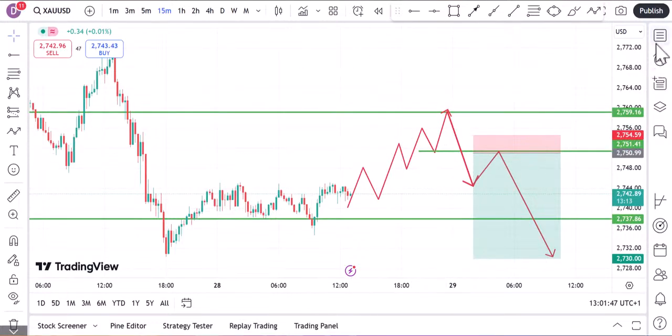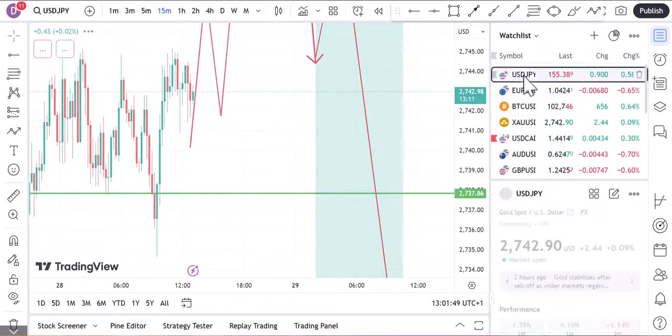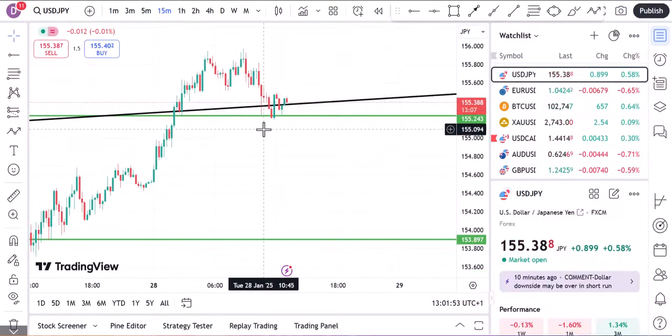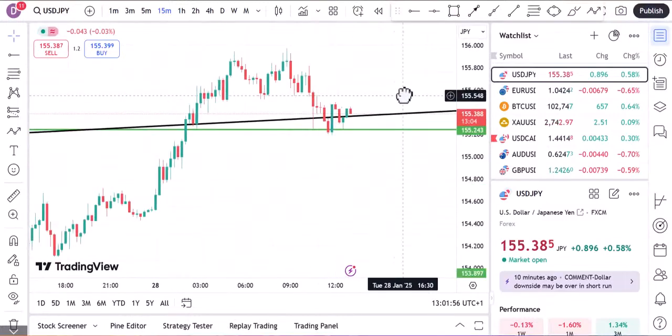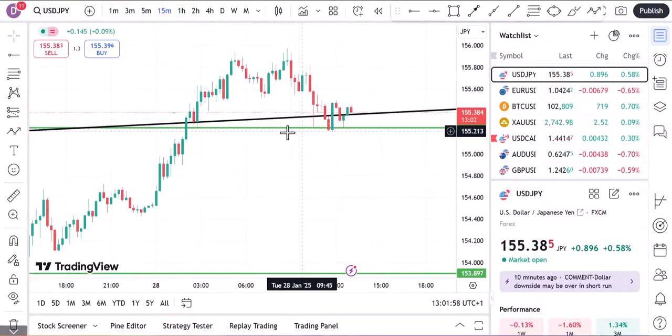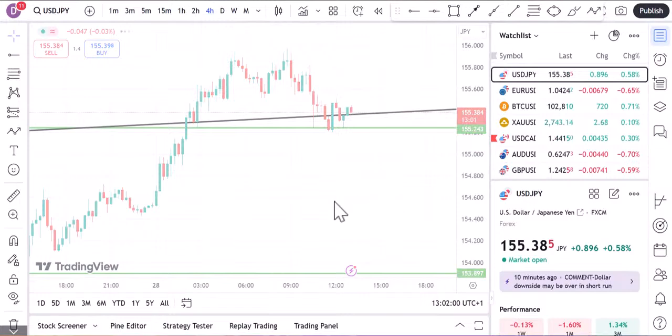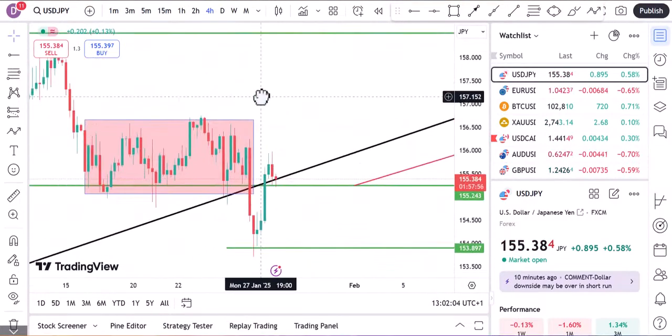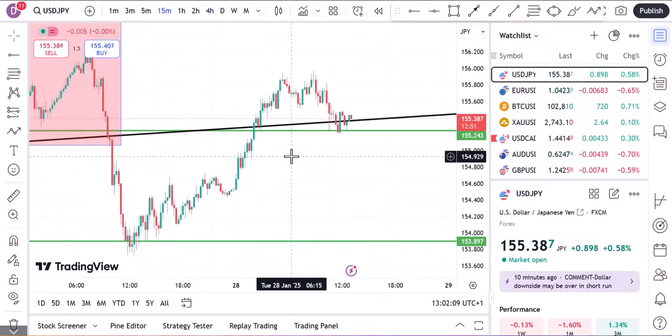So guys, the same thing you can do with USD JPY. So let's say, for example, if I'm to enter this trade, because this support level was there on the 4-hour time frame. Okay, so if I'm to enter this market, let's go to the 15-minute time frame and see something. I want to show you guys something.